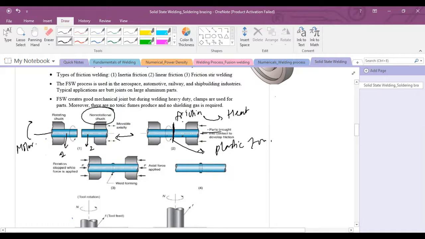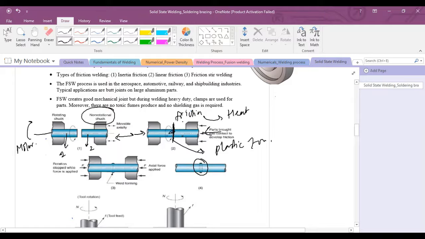When you apply force from both ends, mechanical pressure will generate, and mechanical pressure is responsible to form the strong joint. This is the basic procedure of the friction welding.